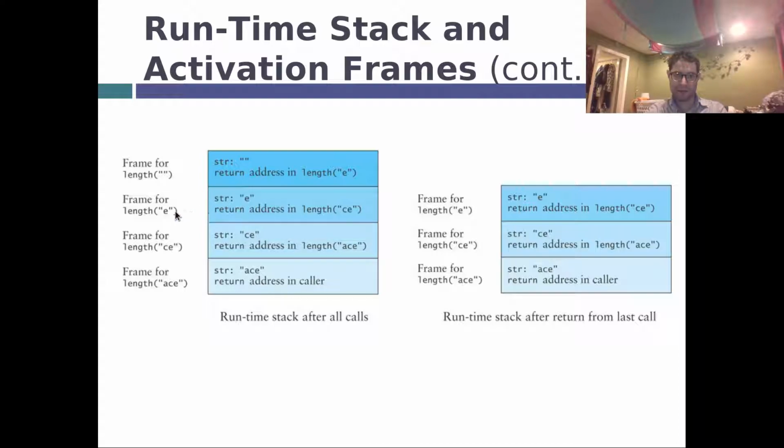And length of E is going to have the empty string, so it's going to calculate length on the empty string, and hold the return address of length of E.